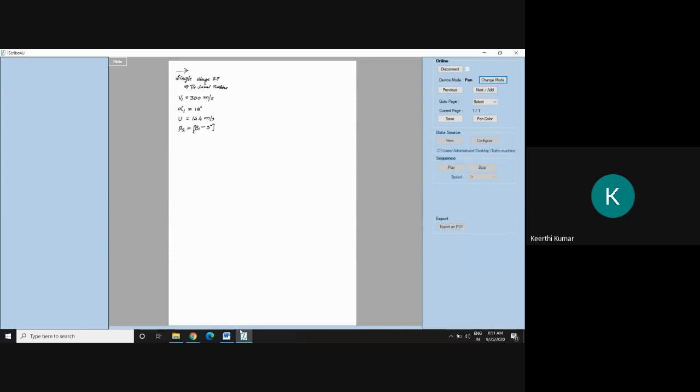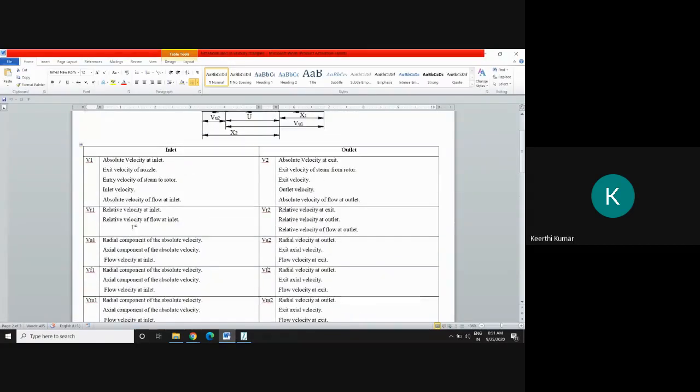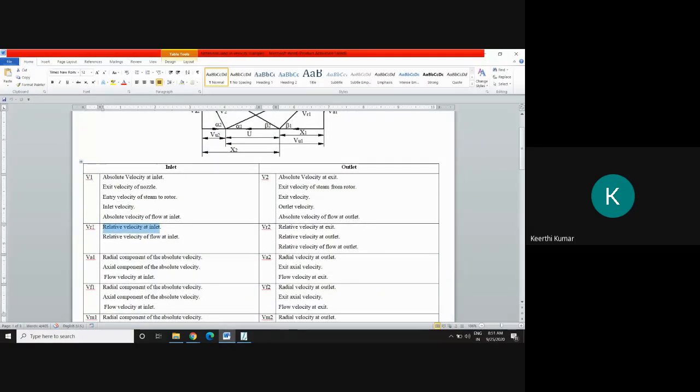And the relative velocity of the steam at the outlet from the blade is 0.84 of the relative velocity of the steam at the entrance. What do you mean by relative velocity? Relative velocity is called VR.